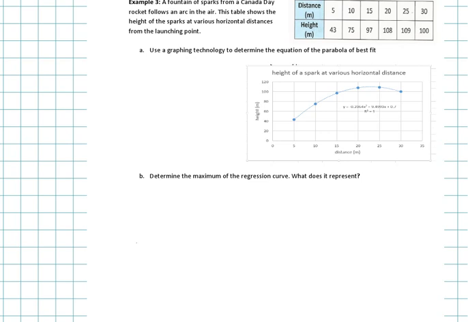I know it's about 23, so I plug in 23 into the equation and then find the answer. So the max is at 23 and about 110.